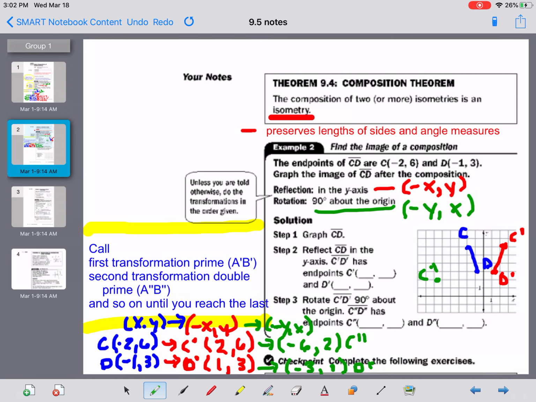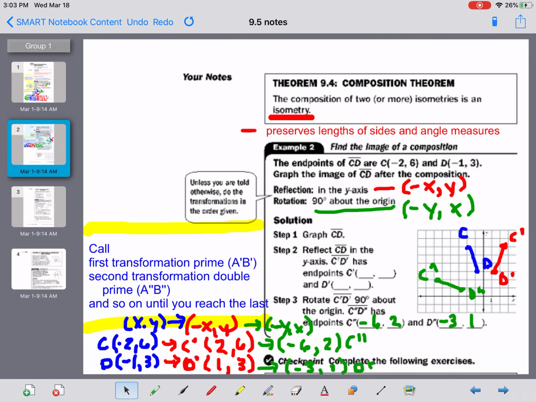And I'm going to negative 3, 1. And there's my D double prime, and I'm going to graph those together. And there's my, again, my final answer. So if someone asks again, what's my final answer? It would be these points, negative 6, 2 and negative 3, 1, because that's where I finally land after both, or my composition of my transformations.